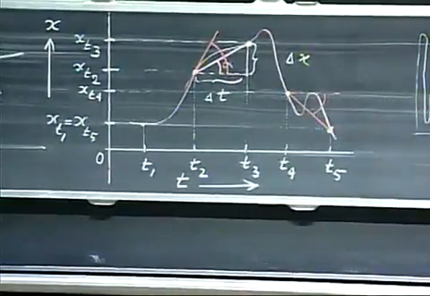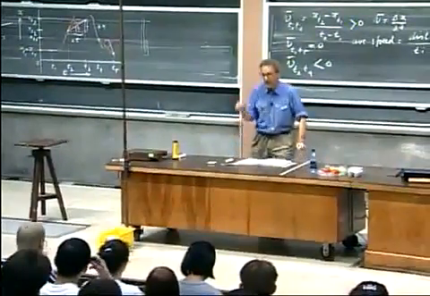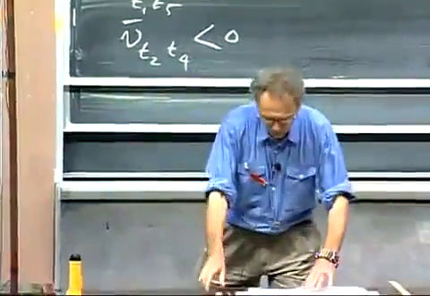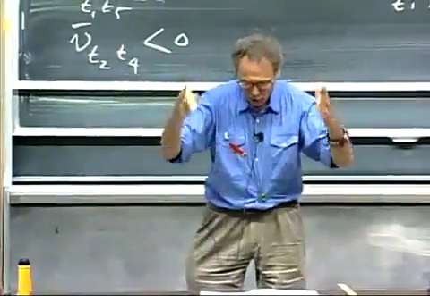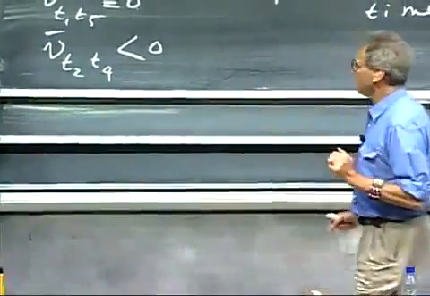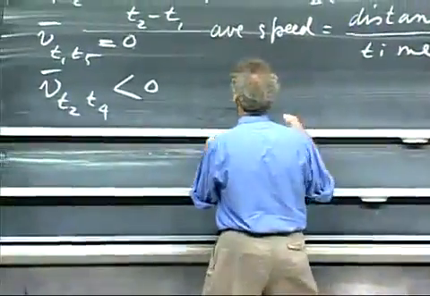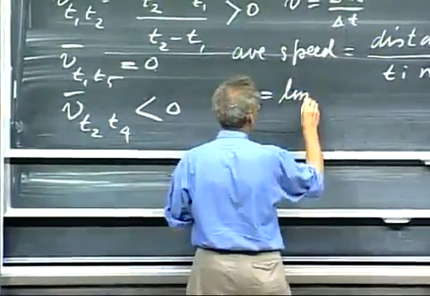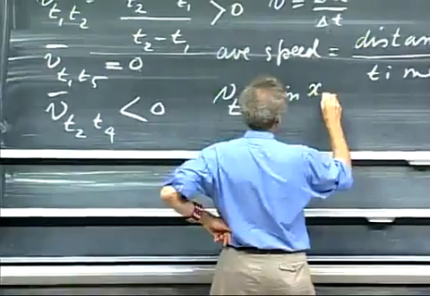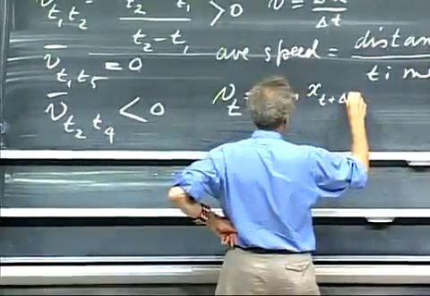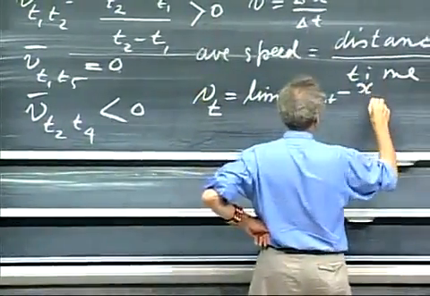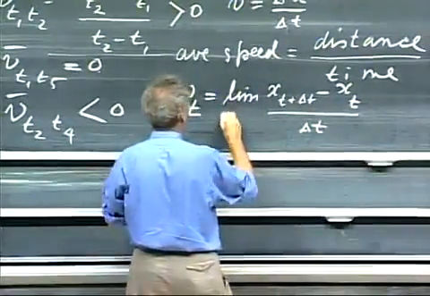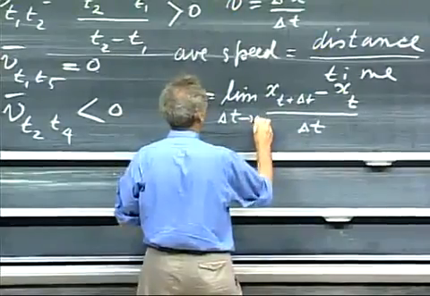And now you will understand how we define the instantaneous velocity at time t, which is different from an average velocity between two time intervals. The instantaneous velocity, v, and I pick a random time t, equals the limiting case for x measured at time t plus delta t, minus x measured at time t, divided by delta t, and I do that for delta t goes to 0.